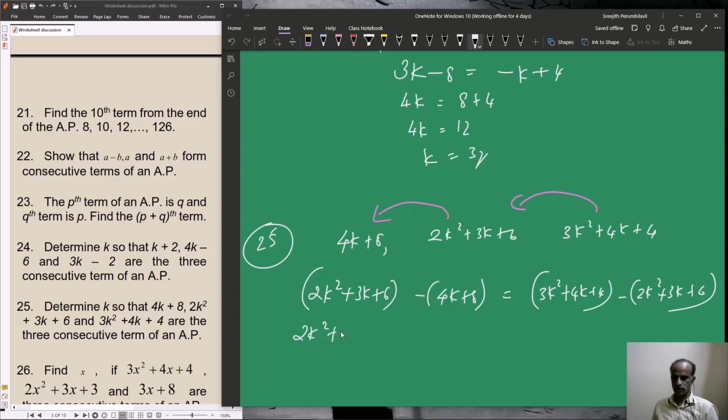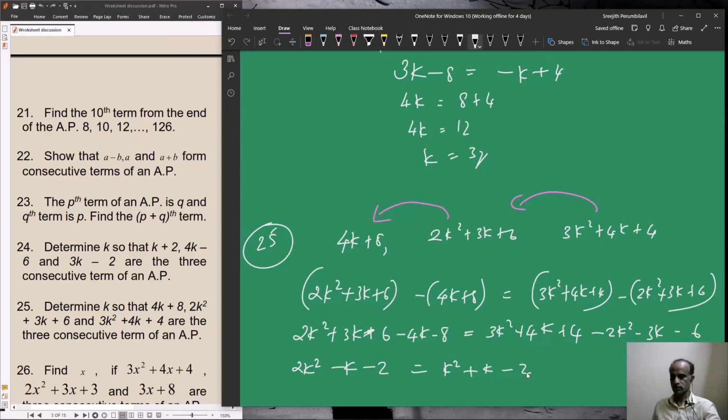2k square plus 3k plus 6 minus 4k minus 8 is equal to 3k square plus 4k plus 4 minus 2k square minus 3k minus 6. 2k square minus k minus 2 is equal to k square plus k minus 2.